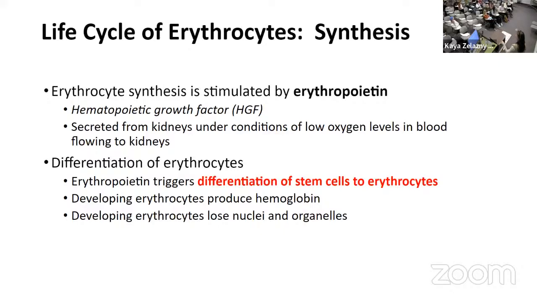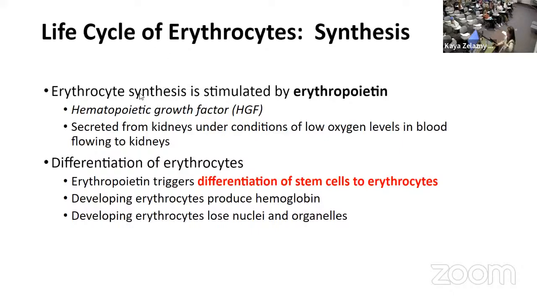So it's going to be secreted by your kidneys when your kidneys notice that there's not enough oxygen in your blood, okay? So if your kidneys, which are filtering blood, notice there's not enough oxygen in your blood, they're going to say, hey, we need to carry more oxygen, and a great way to do that is to have more red blood cells, because red blood cells are full of hemoglobin. Hemoglobin carries oxygen.